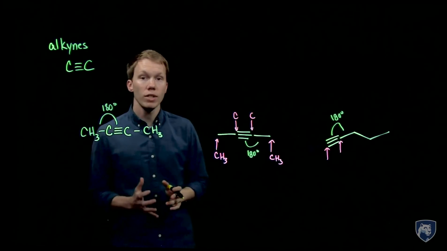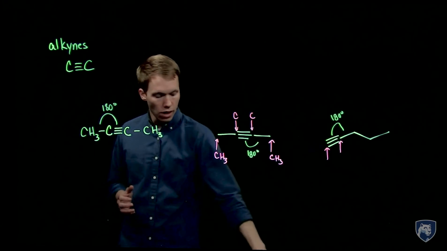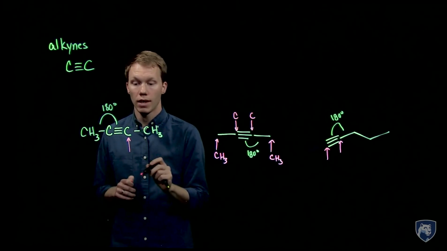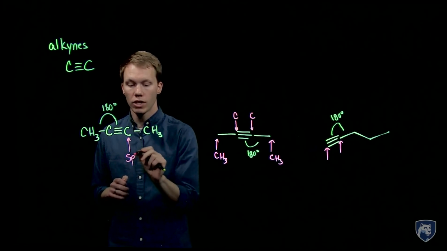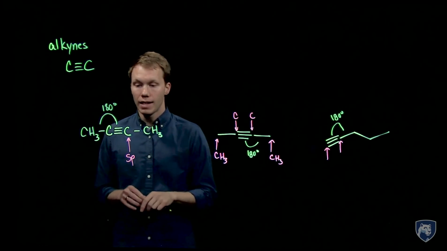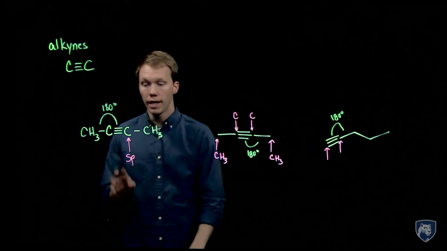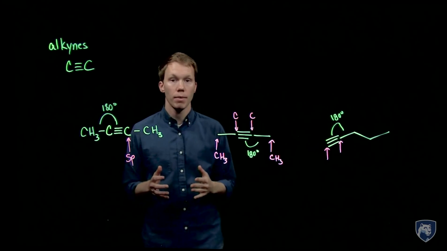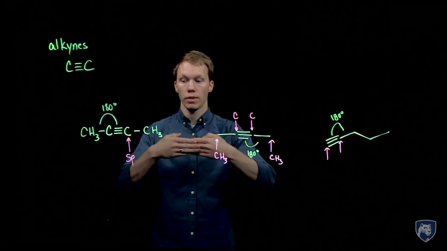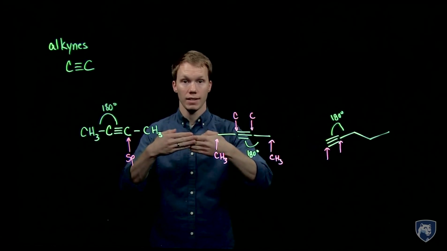So, like I said, the geometry is linear, and the fact that there are only 2 groups attached to the carbons of the triple bond, the hybridization is going to be sp. And of course, the triple bond, as we're aware, is made up of 1 sigma, so that end-on-end overlap of atomic orbitals, sp and sp in this case.